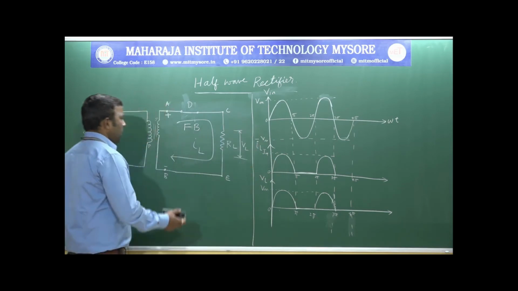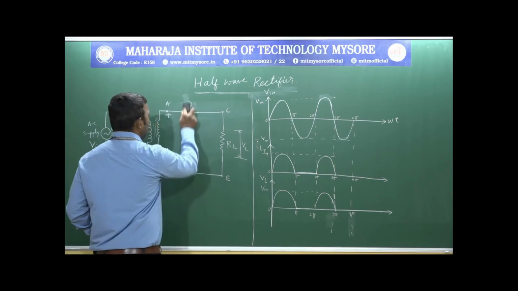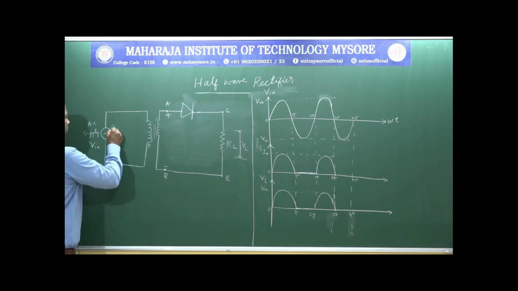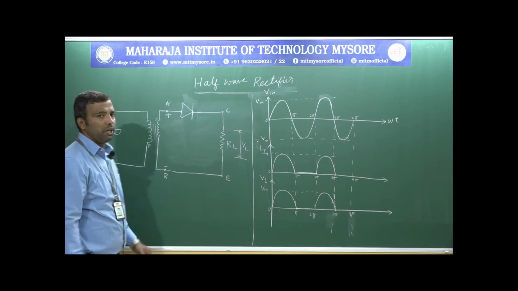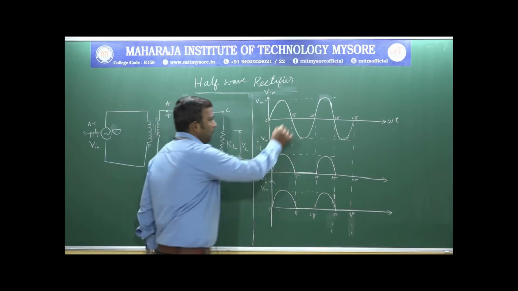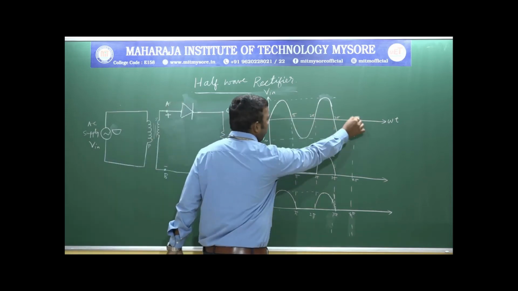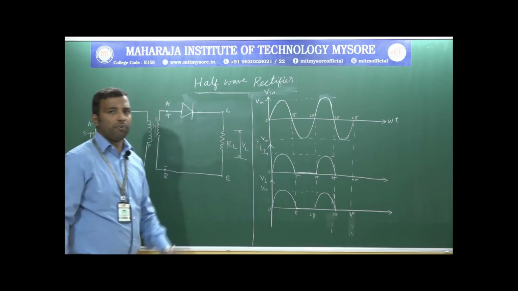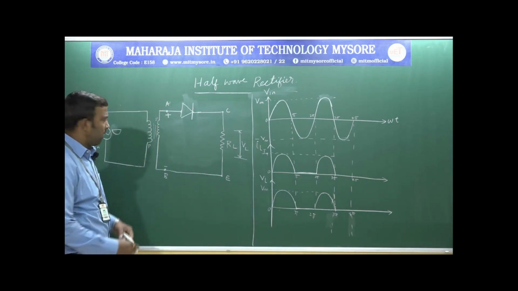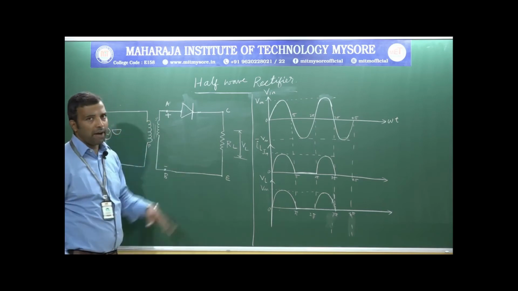Let us consider the negative half cycle of the input voltage, that is from pi to 2 pi, again 3 pi to 4 pi. This negative voltage appears at the primary of the transformer, which is reduced to the required value.